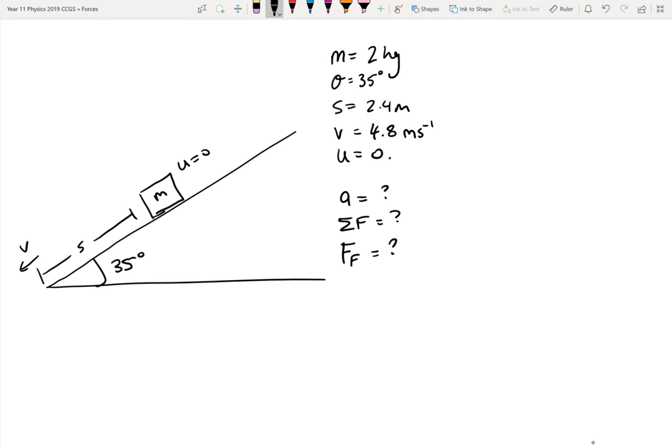Did anyone else get really low acceleration? Have a think. I figured it out, it should be about 4. I made a mistake. That's all. Let's go.